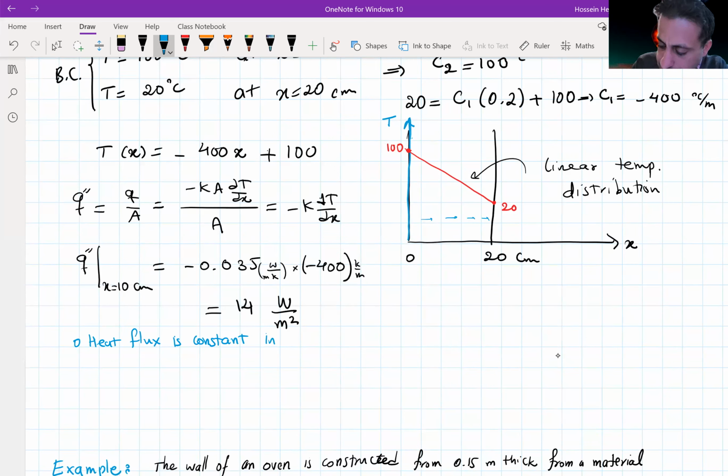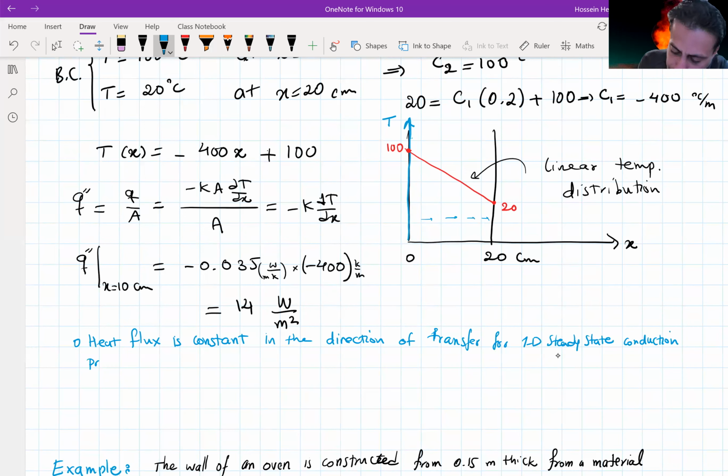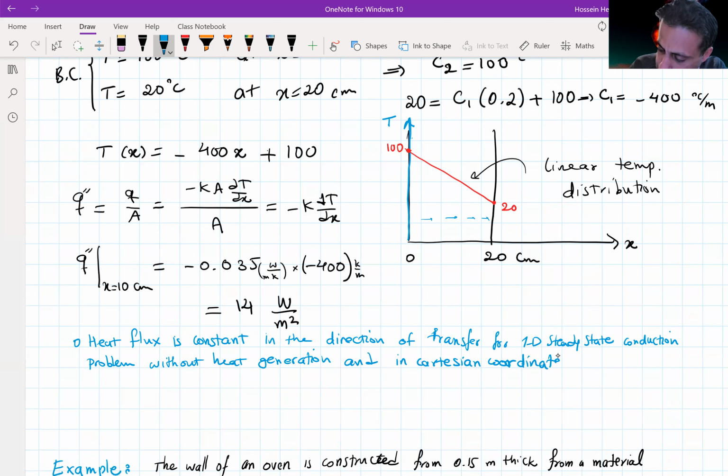So the heat flux is constant in the direction of heat transfer for a 1D steady state conduction problem without heat generation, and the other one is in Cartesian coordinates.